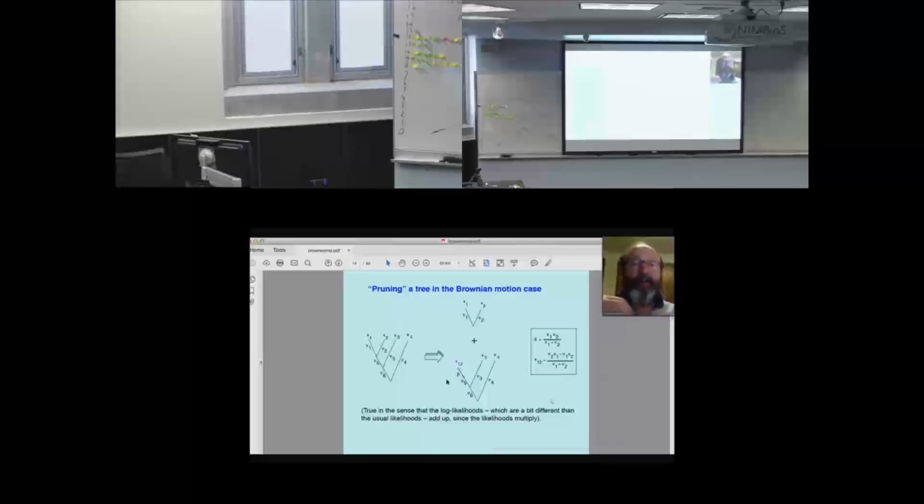And then you go to another 2-species tree, and what's left behind is a 2-species tree. So now what you've done is factorize the tree, and it's equivalent in the sense that the likelihoods are the same. The likelihood for the original tree is now a product of likelihoods for these little 2-species trees.